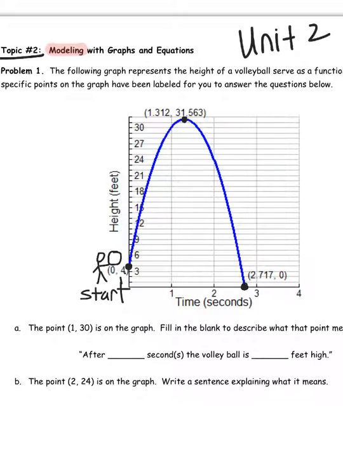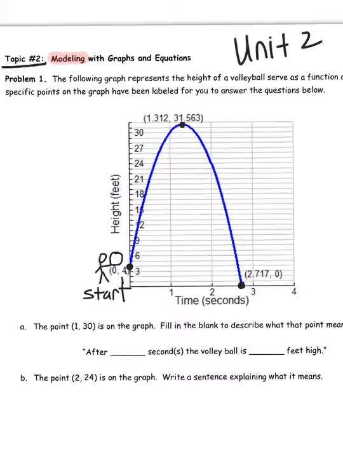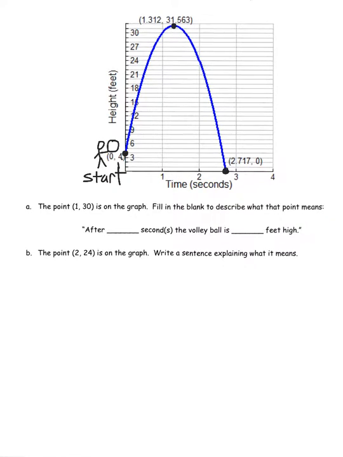All right, so the first question says the point 1, 30 is on the graph. And 1, 30 is not labeled, so let's just find this point and label it. The x-coordinate is 1, that's right here. The y-coordinate is 30, and you should be able to see that point. Let's just plot it right on our graph, 1, 30. Fill in the blank to describe what that point means. So it says after blank seconds.